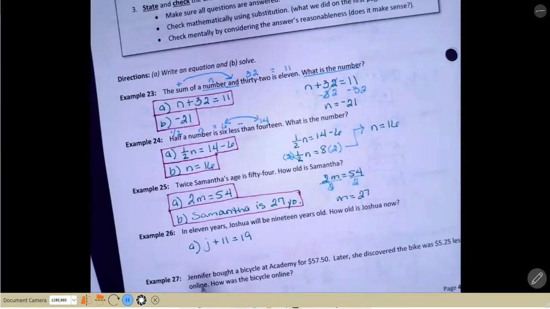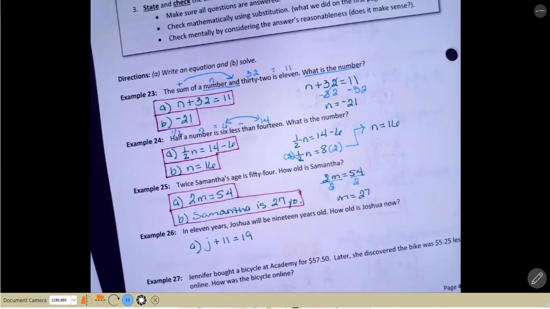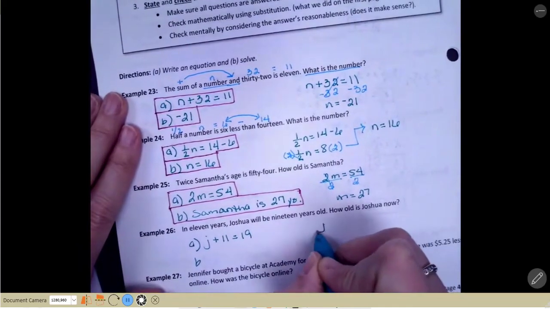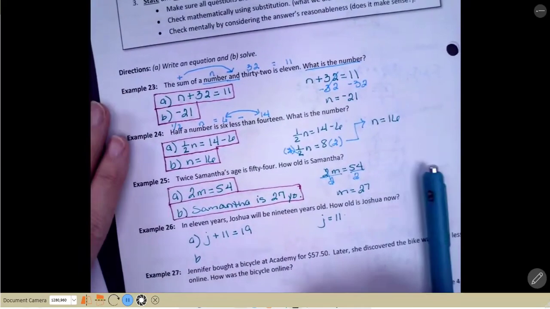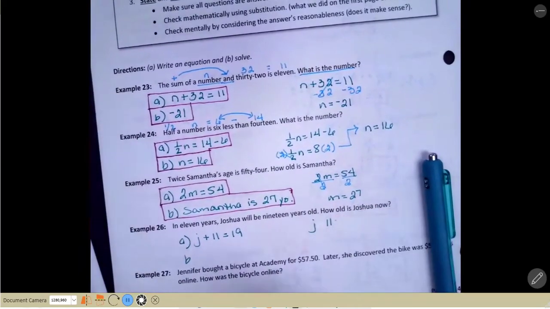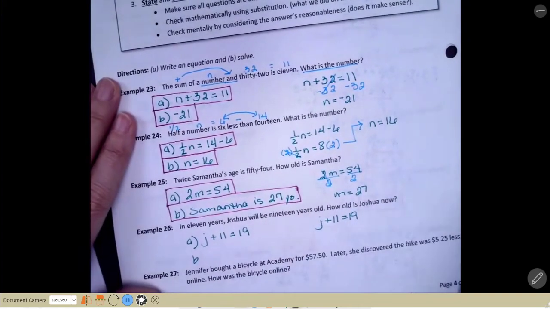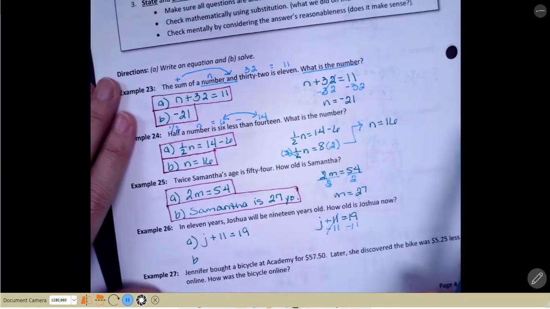So in 11 years, if you add 11 to Joshua's age, he will be 19. Yes, you could. And then this one would be, whoops, I did that wrong. And then solve it.